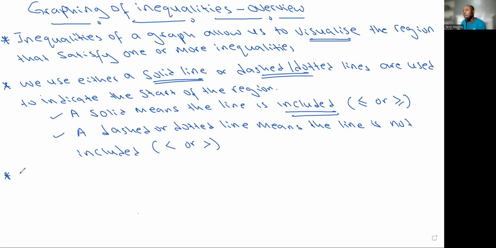Now, in some cases you will also see shading. When you see the region shaded, usually you shade the region that satisfies the inequality.